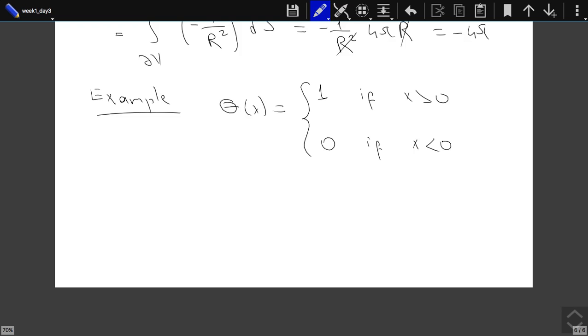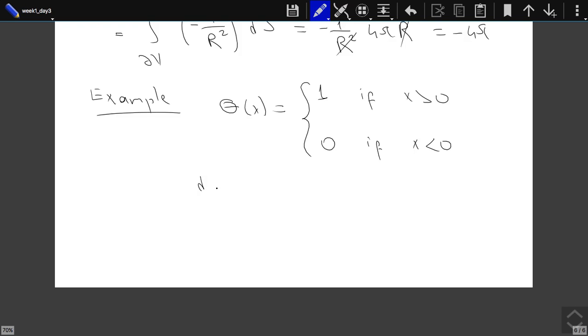You will see this function quite often in physics, and its value at x equal to 0, you have to define it depending on where you're applying it. Sometimes you have to choose it to be 0, sometimes 1, sometimes 1 over 2. But at least for our example, it won't be really relevant.